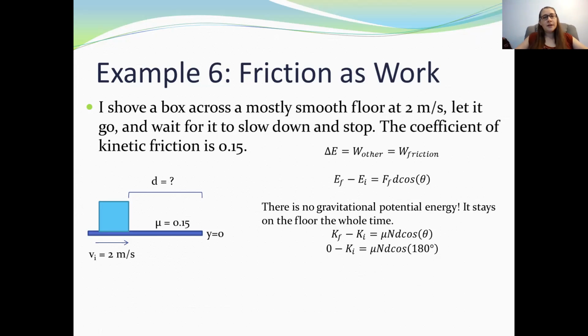So that's a full 180 degrees between those two. Okay. So the cosine of 180 degrees is -1. And that's how we get this negative out front here. This negative comes from the fact that it's 0 minus kinetic energy, so negative kinetic energy initial.